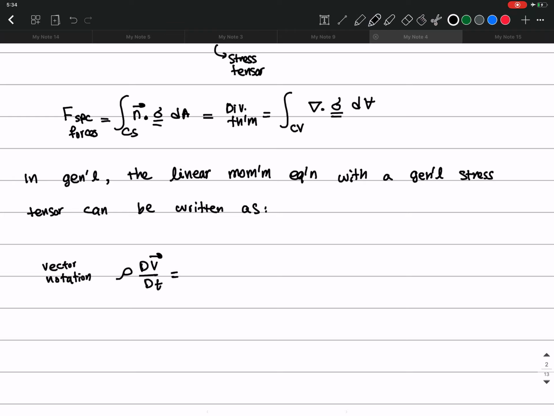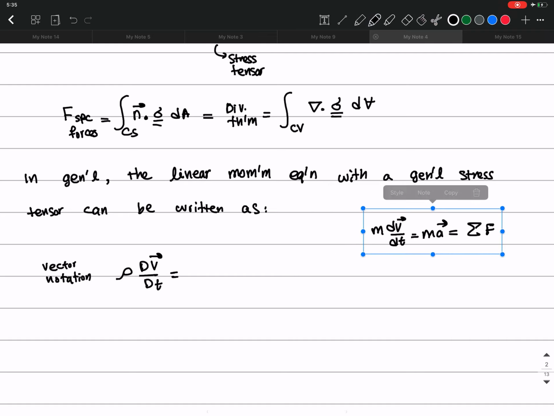This is the linear momentum equation, and MA is just m dv over dt, again Newton's second law.